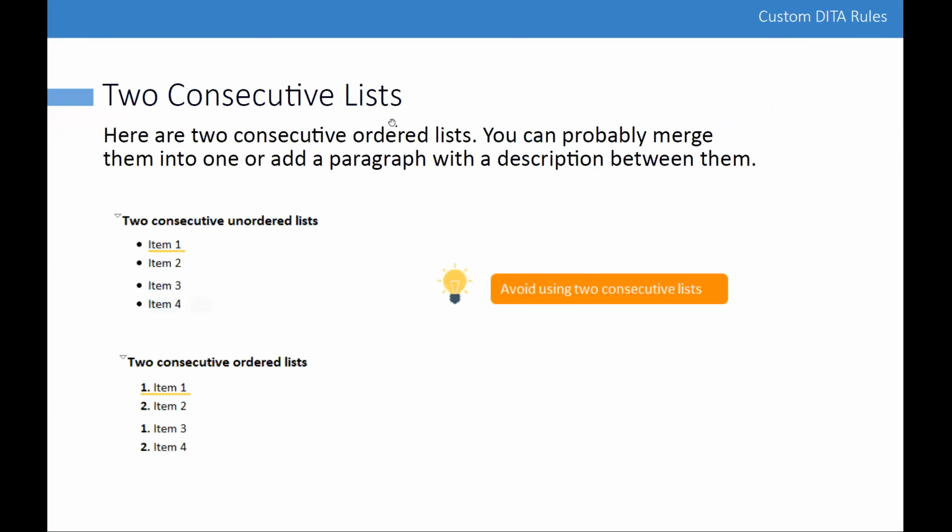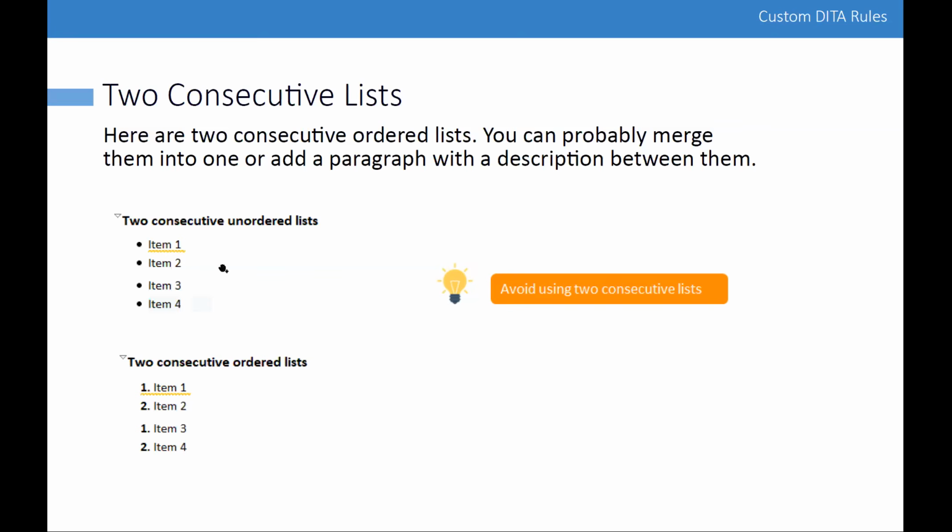Another example would be if you have consecutive lists, for example, and you split it by mistake. It's possible sometimes to split a list by mistake, and we see that we have an extra space here between these two list items, and it's hard to determine this split of a list.